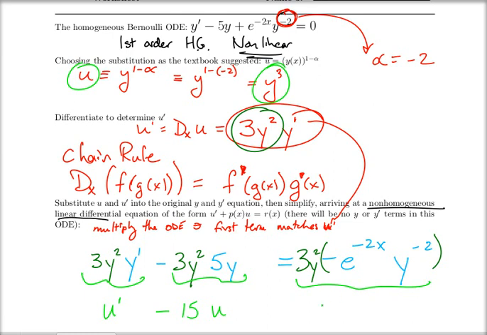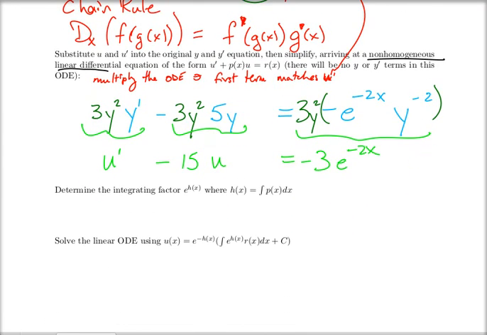Notice the y is going to go away entirely. This is going to be minus 3e to the minus 2x. All right, we now have a non-homogeneous linear first order ODE. We have a method for doing this.